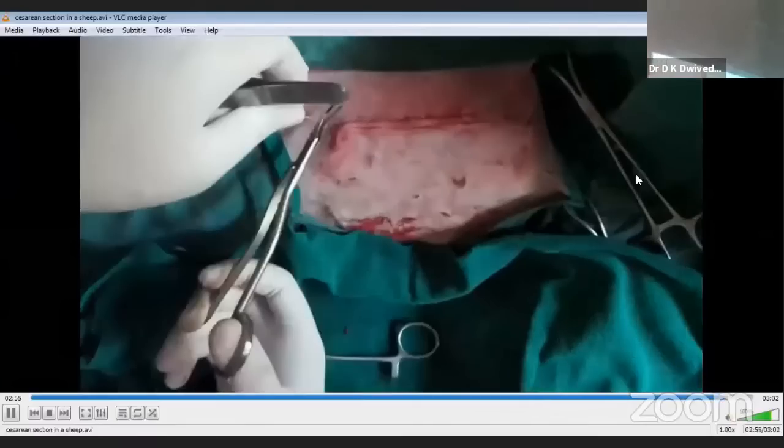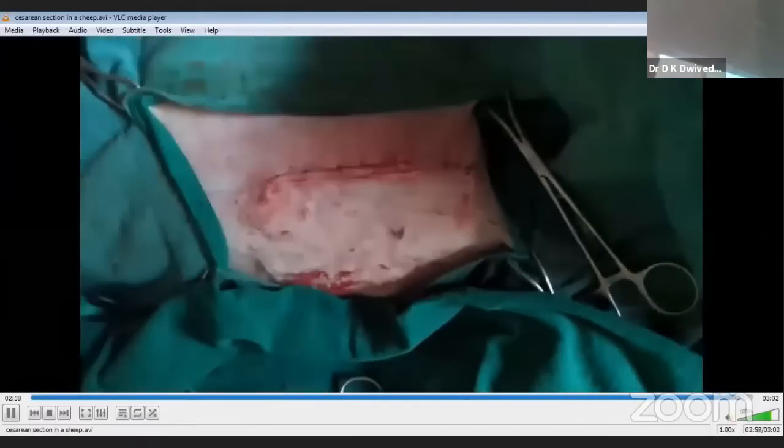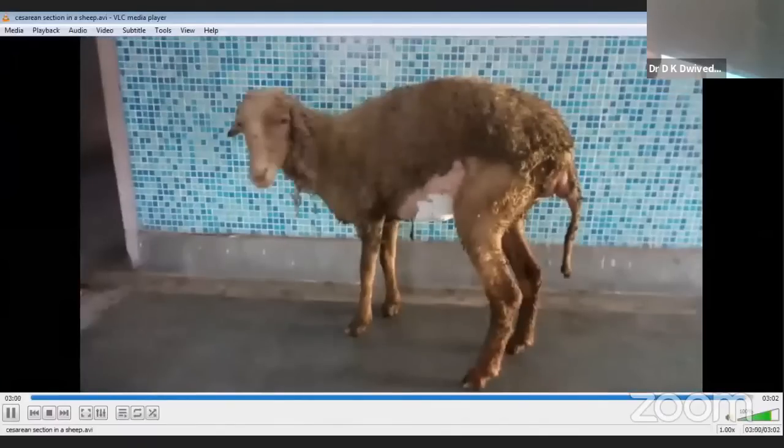So this is the skin suturing, final closure of the abdominal wall. This is the post-operative.